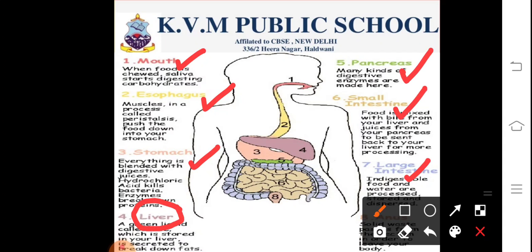So we'll be discussing the function of each of the organs underlying the alimentary canal so as to understand the human digestive system in detail.